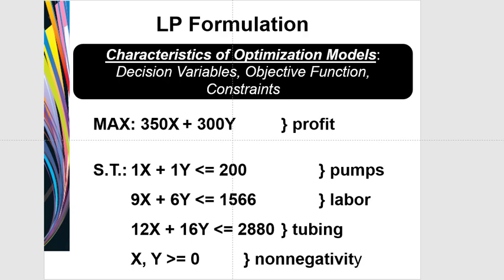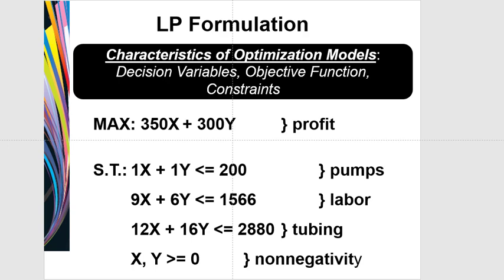In any linear programming formulation, to formulate it properly, you first need to understand the characteristics of those types of problems. And linear programming problems fall under a group of models called optimization models.